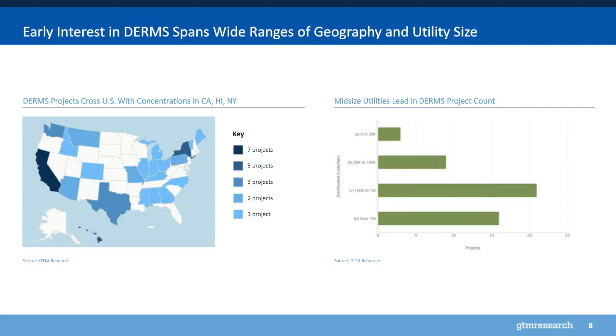But utilities in many of these areas are looking at developing them more for customer programs, not necessarily just for pure reliability purposes. Municipal utilities in particular are looking at DERMS investments to deliver choice, savings, and resiliency for customers on one hand and grid services on the other.